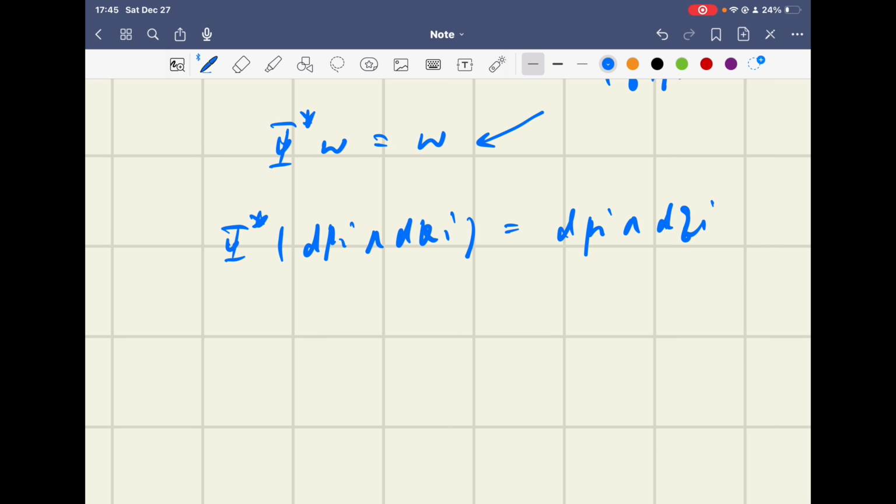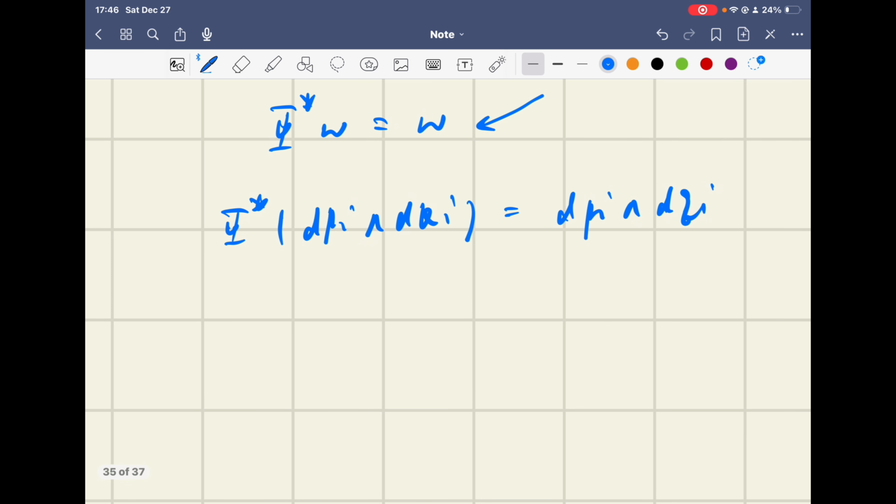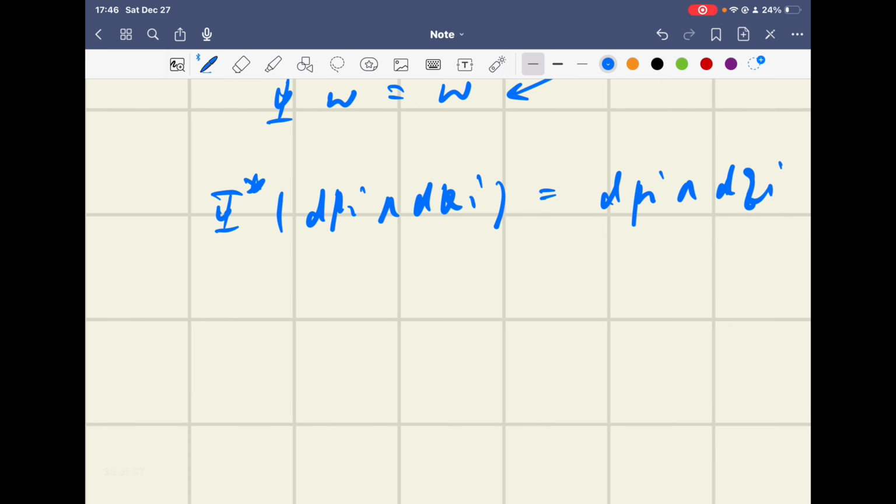Since the wedge product means oriented area or volume, you have to preserve the geometric invariance. So it would yield this.